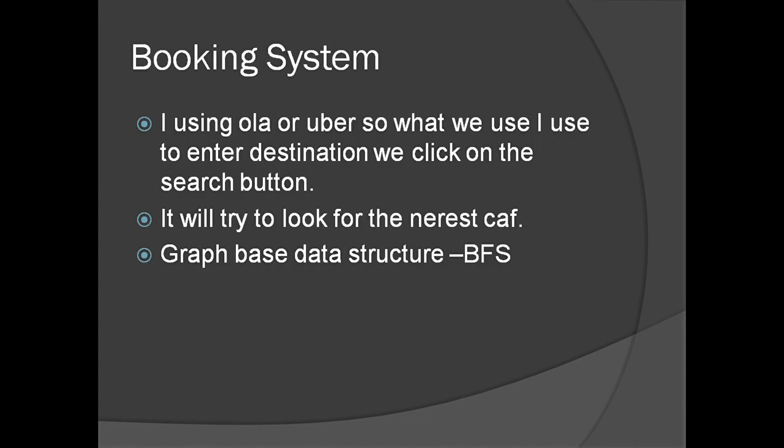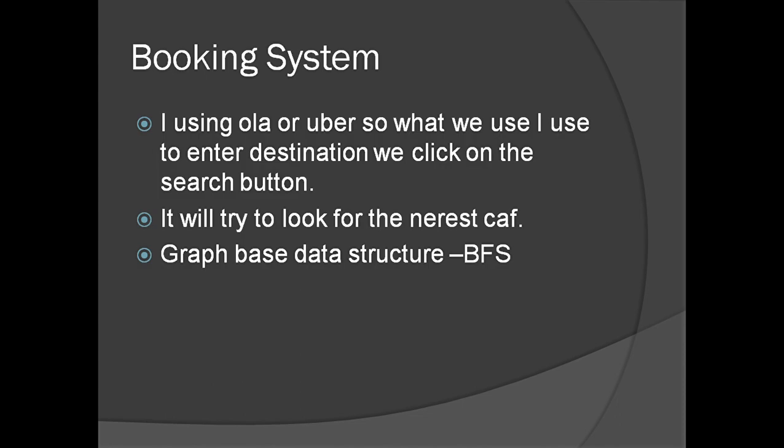Similarly, suppose we want to build a network. Suppose you want to book an Ola cab or Uber. I am using Uber. I enter the destination, and after entering it we click on the search button.